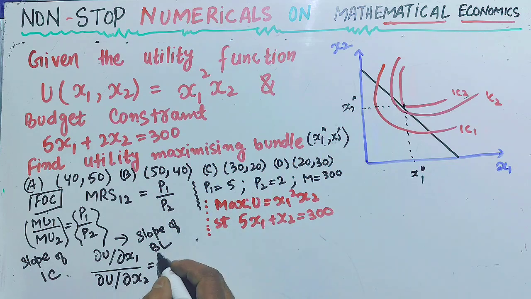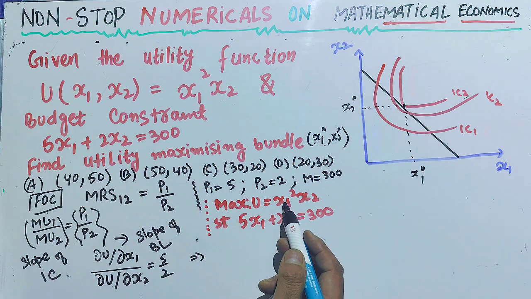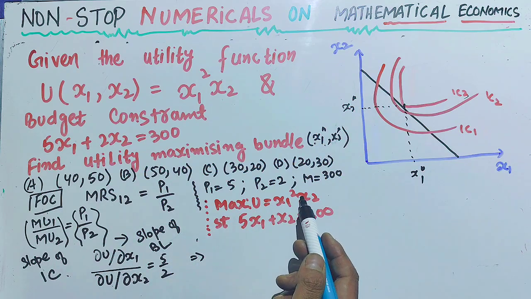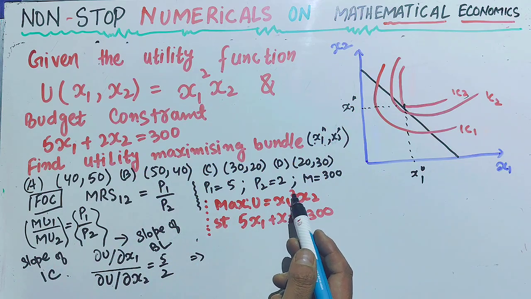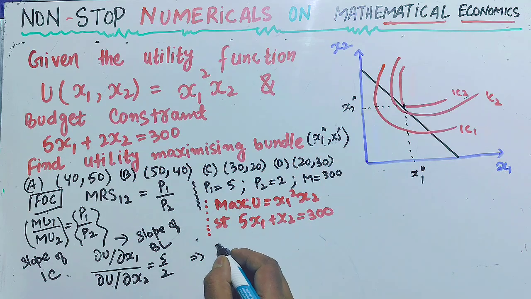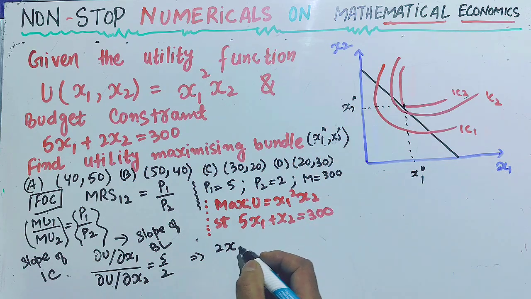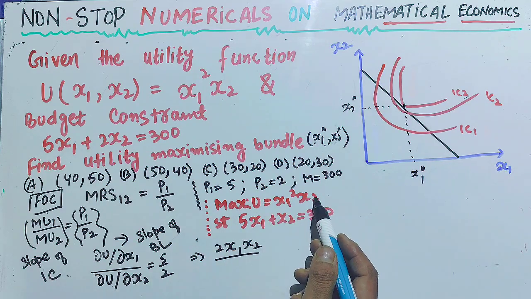So we have 5 upon 2 here. Let's take the partials. Derivative of this function partially with respect to x1 means this 2 becomes the coefficient, and the exponent is reduced by 1, so we have 2x1x2, divided by du upon dx2, the partial derivative with respect to x2.